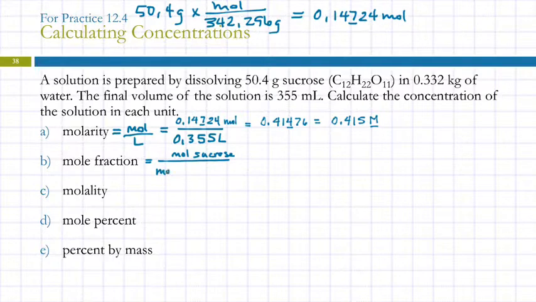So we need moles of water plus moles of sucrose. Well, we got the moles of sucrose, right? We calculated that right here. So that's 0.14724 moles. And that's going to be divided by moles of water plus moles of sucrose. So we need moles of water.